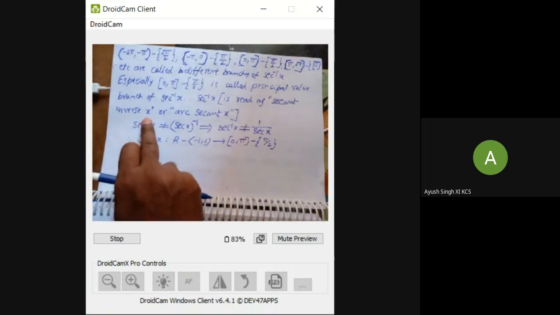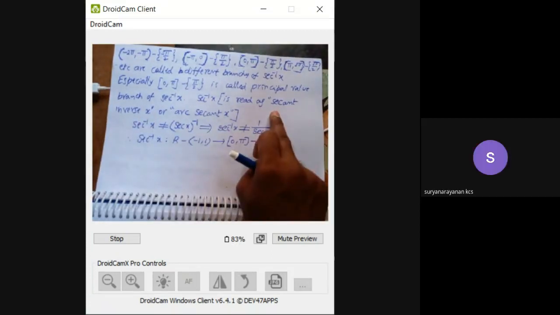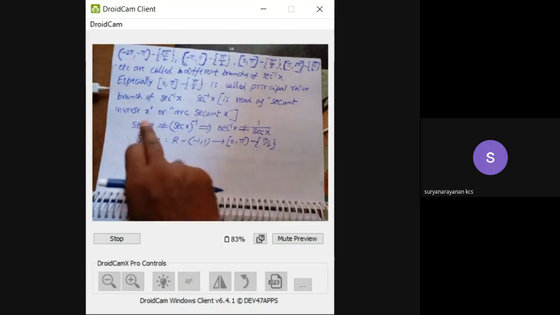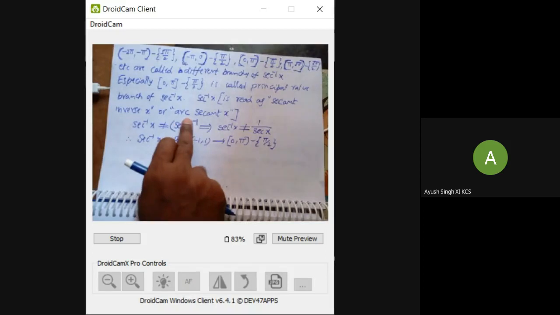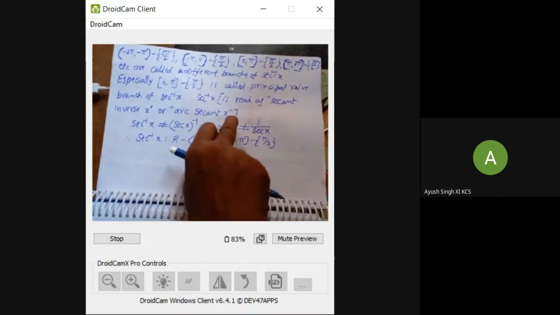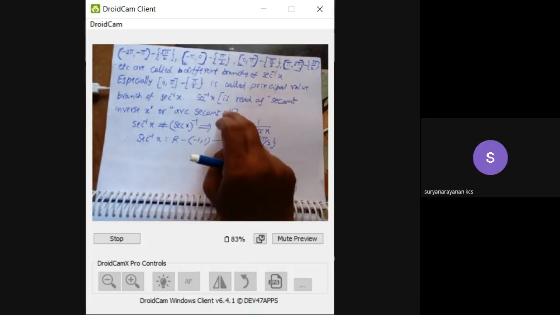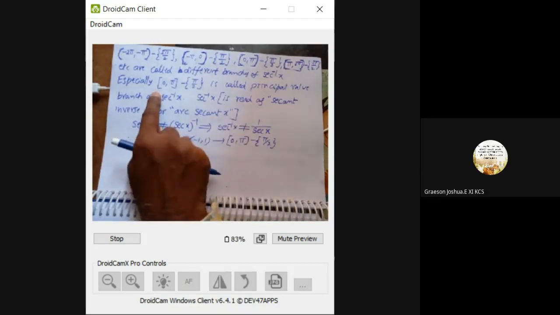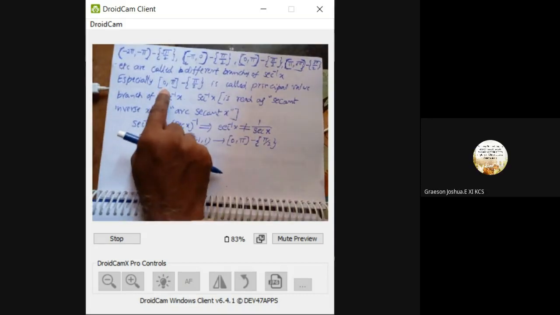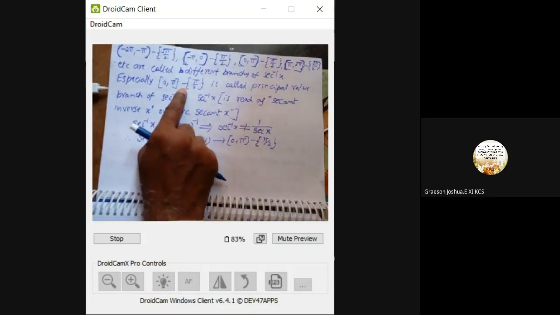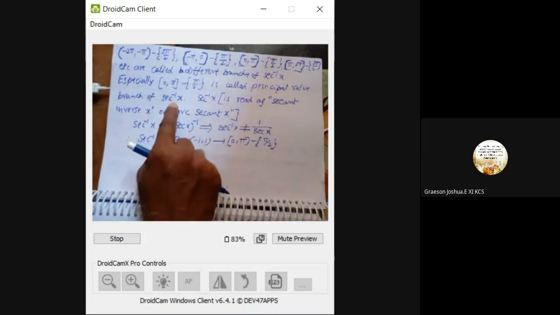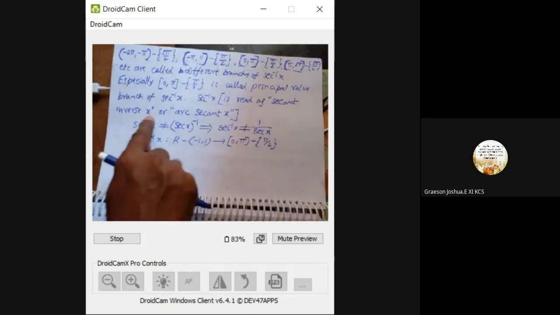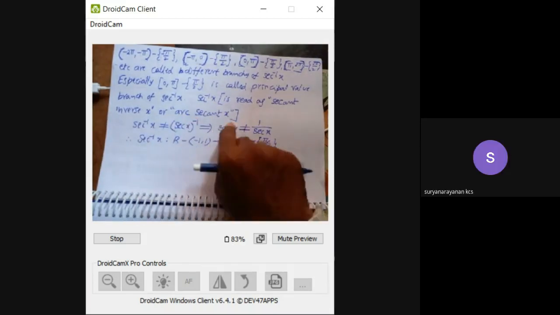So what you have written there? Secant inverse x or arc secant x. Very good, Ayush Singh. Grayson. Yes, sir. Closed interval 0 comma pi minus singleton set pi by 2 is called principal value branch of secant inverse x. It is read as secant inverse x or arc secant x. Very good, my dear Grayson.